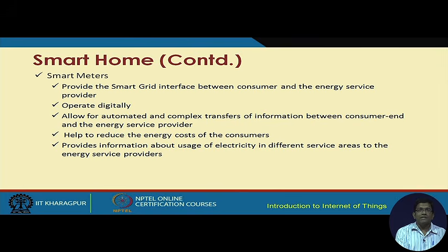The smart meters provide the smart grid interface between the consumer and the energy service provider, and they operate digitally, that means computerized. So they have small computers embedded in them, and they allow for automated and complex transfer of information between the consumer and the energy service provider, and that way the consumers can enjoy reduced energy cost.